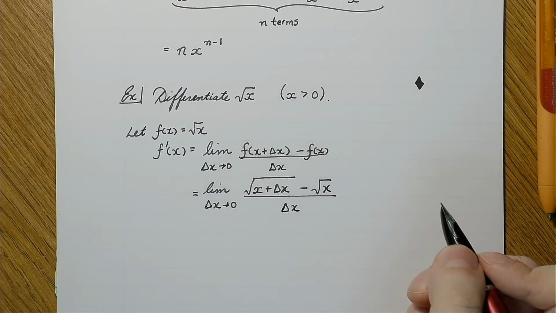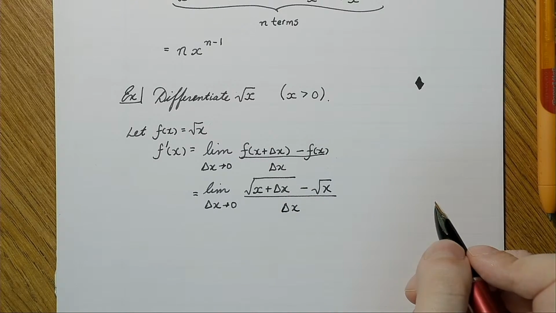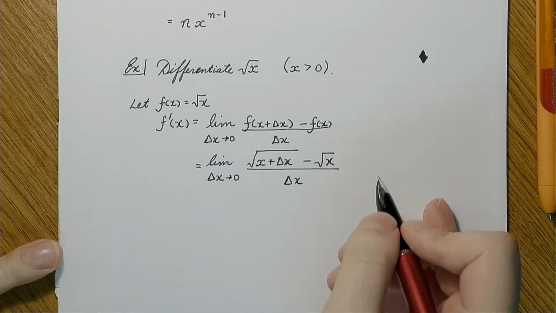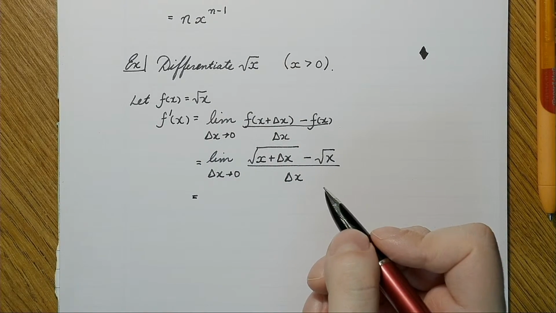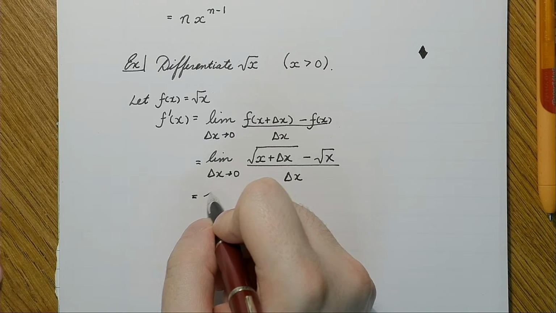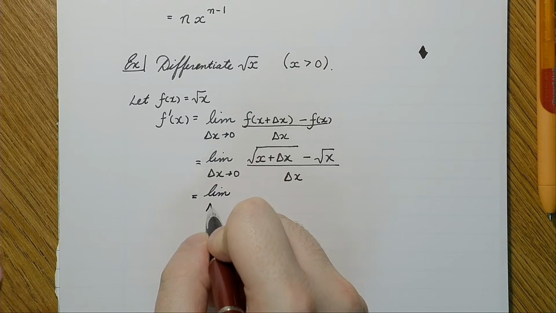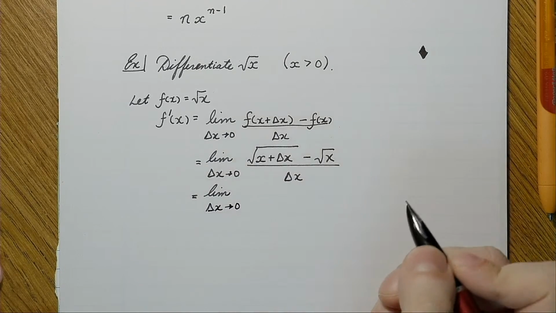Still can't put in the 0 in there. It gives me a denominator of 0. So, oh yes, we return back to some more 103 algebra or high school algebra.